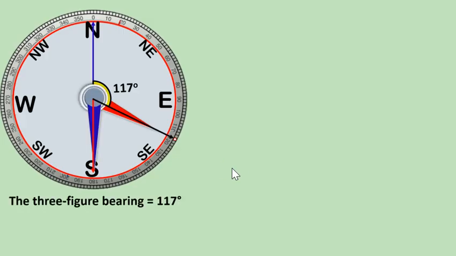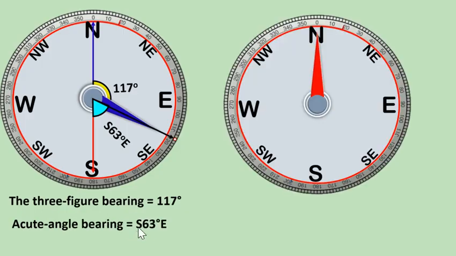Now, for the acute angle format, this has gone beyond north, below east. So we can now measure from the south. Measuring the angle from the south, this angle will give me 180 minus 117. So 180 minus 117 will give me 63 degree, which will be south, 63 degree east. Then another example, that's north.